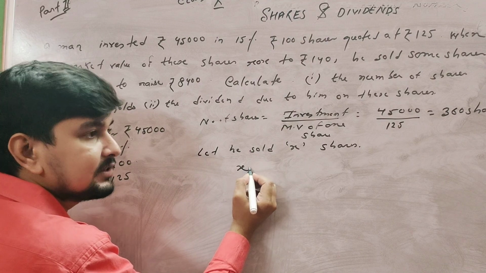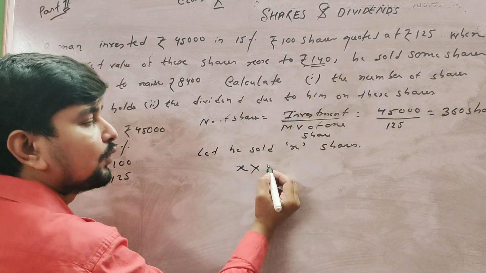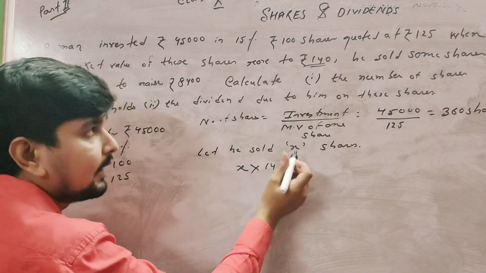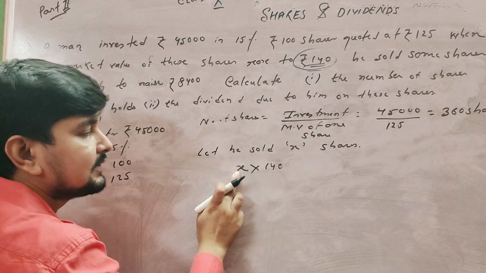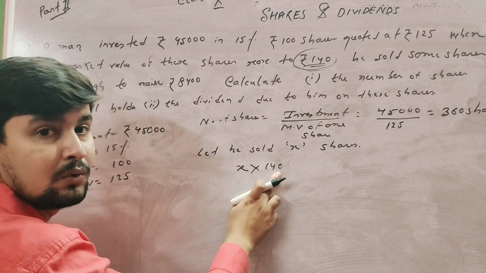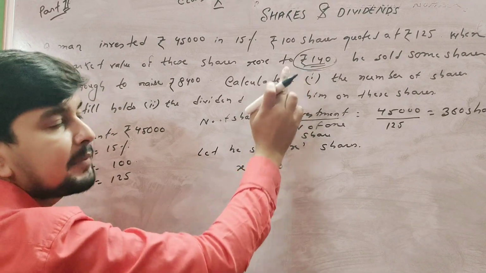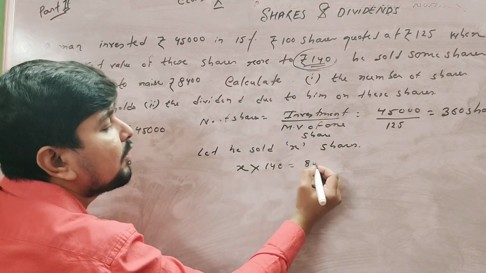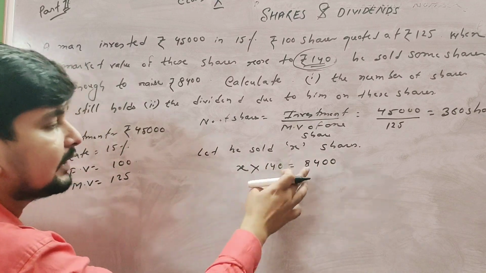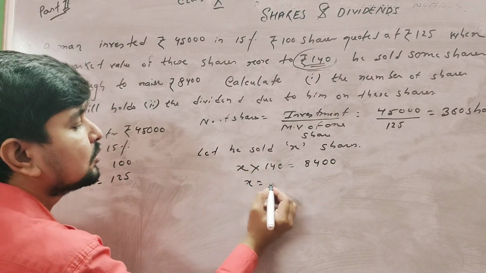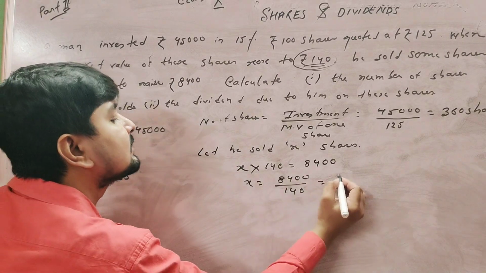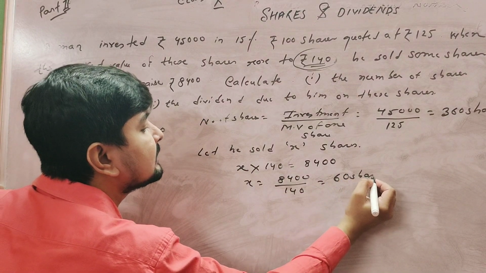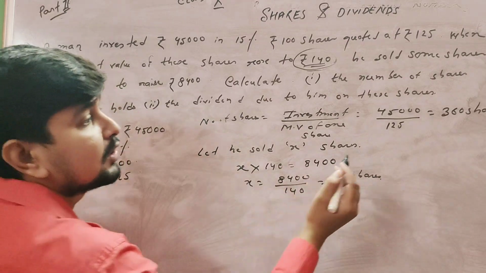So X shares are sold at the rate of 140, because he sees this price, he wants to sell his shares. He sells number of shares into market value, that is the current market value 140, and he wants to collect only the money 8,400. So X equals 8,400 by 140, which is 60 shares.